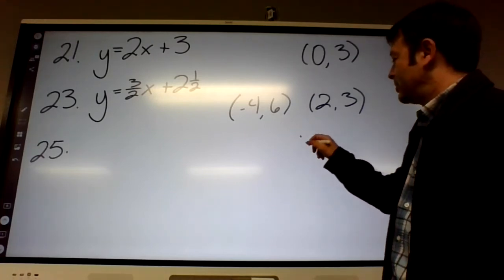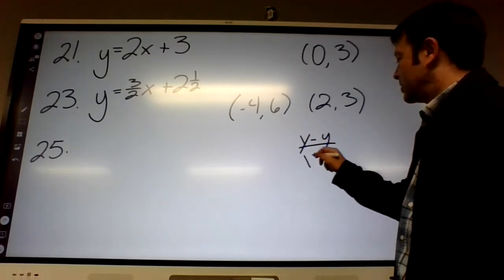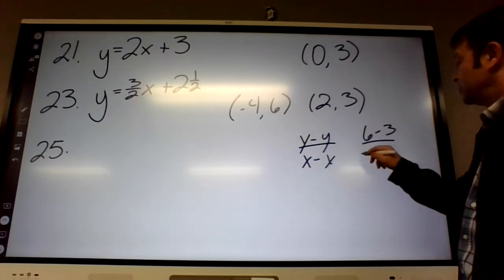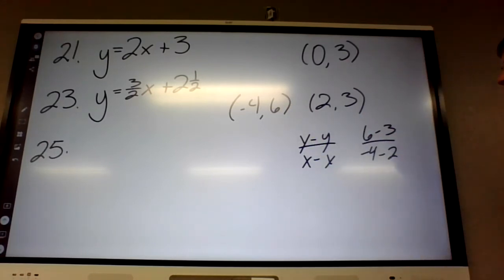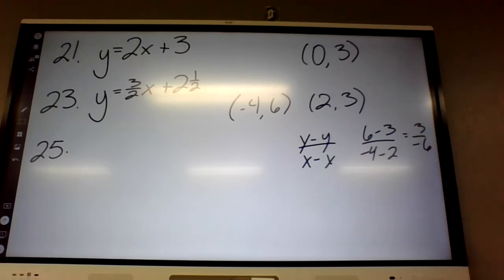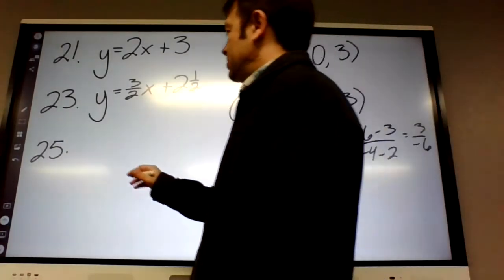So y minus y, 6 minus 3. Make sure you go in the same direction. If you go left to right on the y's, you have to go left to right on the x's. So I got 3/6, which is -1/2. That's my slope.